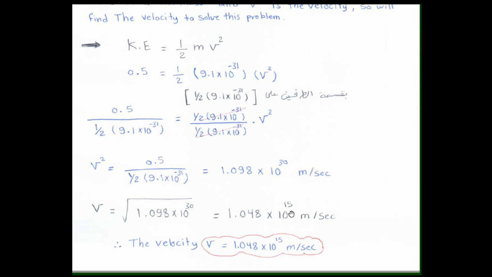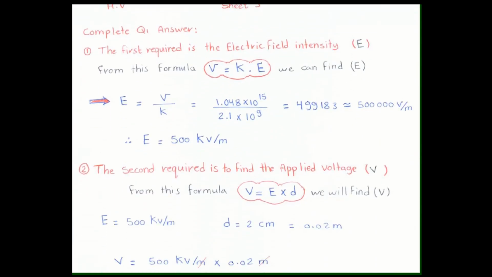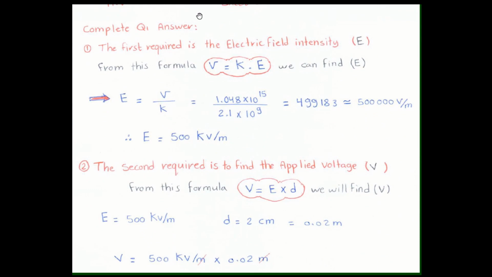Now, since we already calculated the value of the velocity, we can move on to the first required in this question, which is the electric field intensity, which we call E. From this formula, velocity is equal to K into E, so we can find E here.